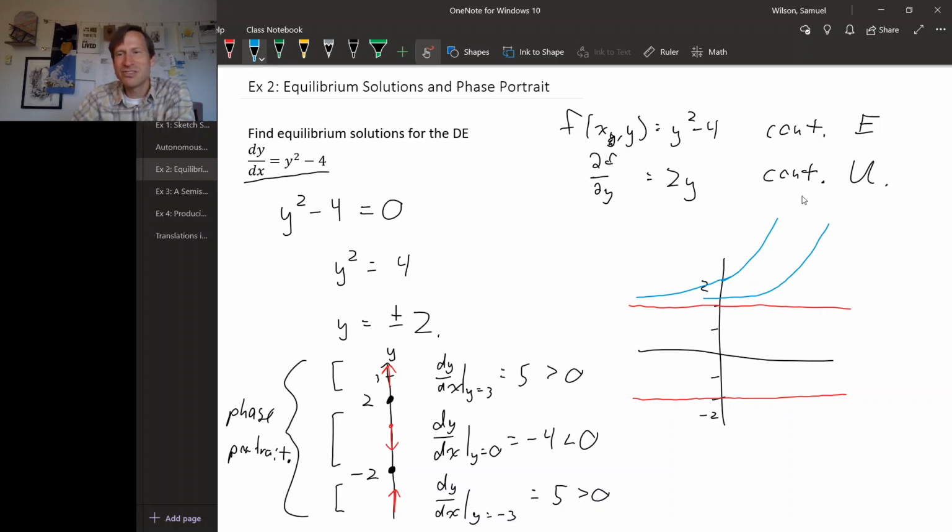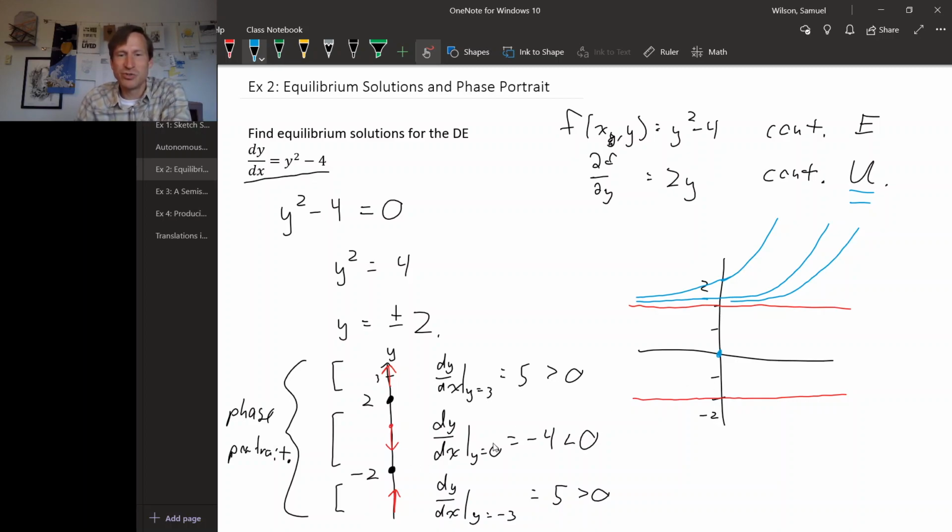But remember, since we have unique solutions, we can't have solutions crossing. So as the solution we're sketching moves to the left, it can't cross the equilibrium. It has to squeeze in there, like this. Okay, between -2 and 2, we could sketch a solution. Maybe we could sketch the solution that starts at the origin.